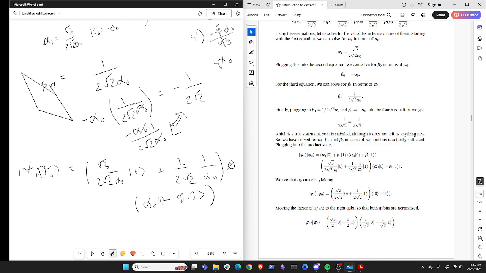We can see that we can pull out this alpha sub 0 here and distribute it over.